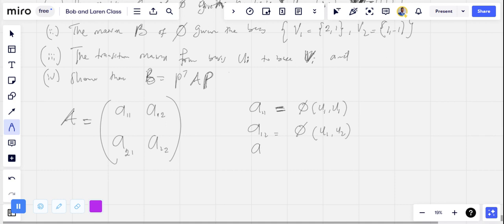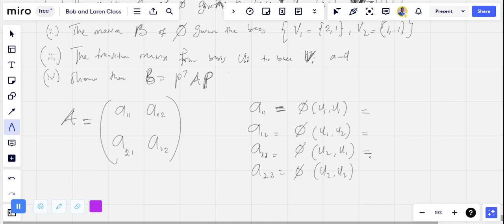The next one will be phi of u2, u1, and this last one will be u2, u2. That is A21 and A22.